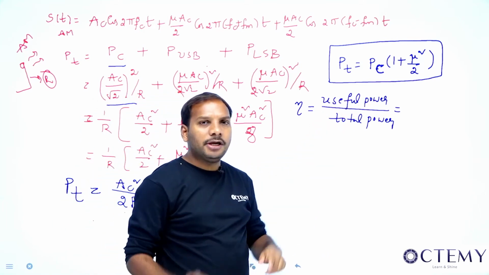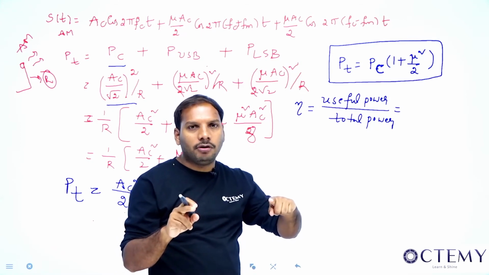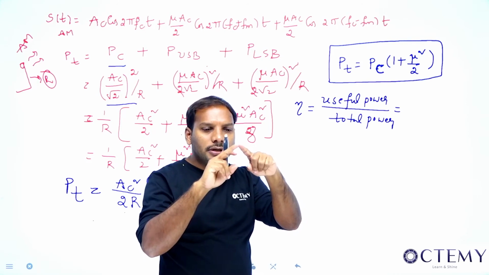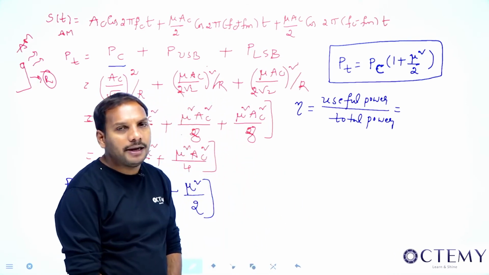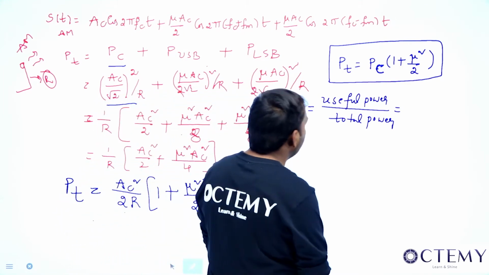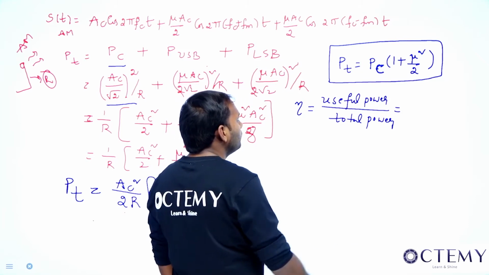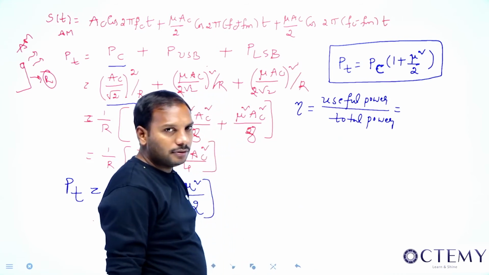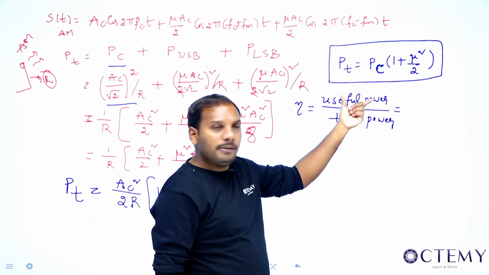Useful power is what? Sideband power. Why? Because your information lies on the sidebands, can you remember? In the spectrum, the information lies on the sidebands, so the useful power is only the sideband power. So this is the total power and this is the sideband power.